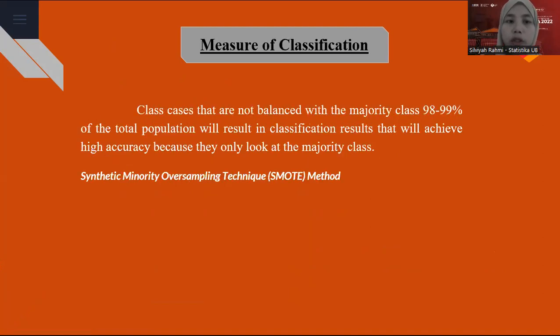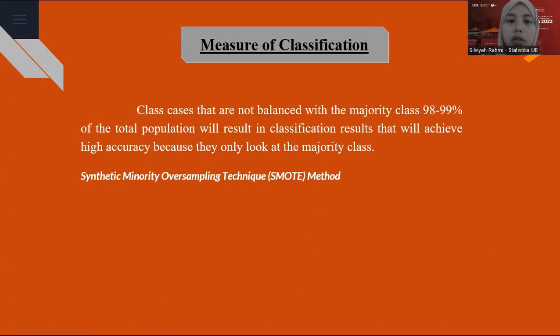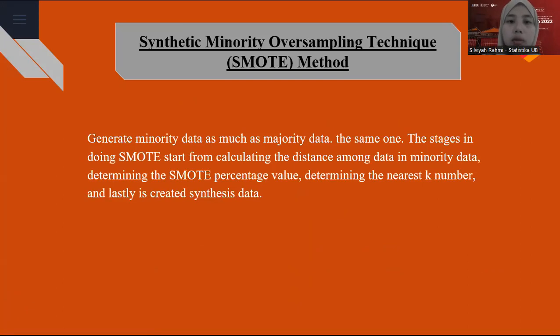We use mixture classification using SMOTE because our majority class is 70%. SMOTE is a synthetic minority oversampling technique that generates minority class data.